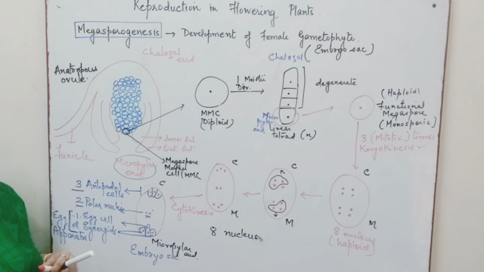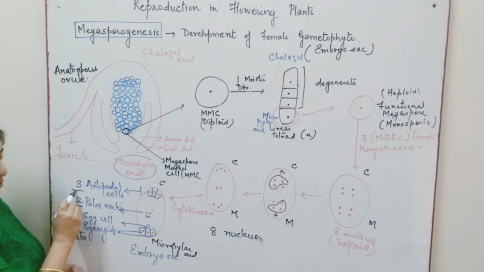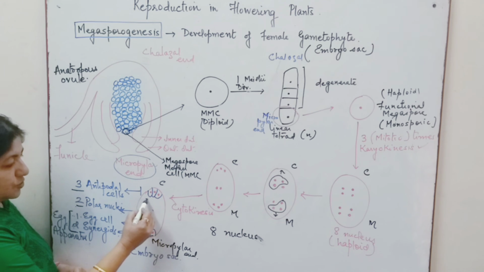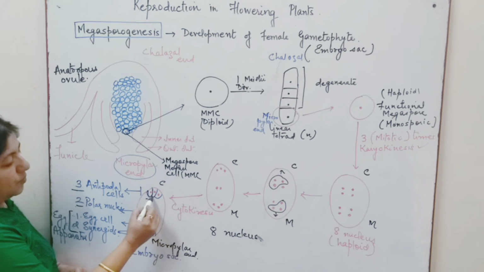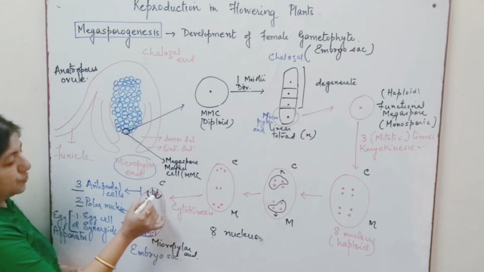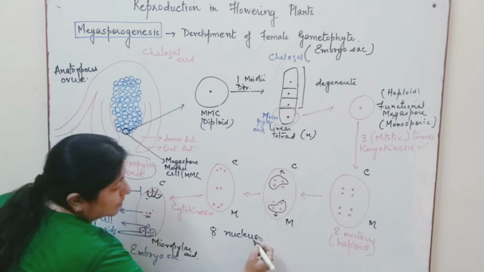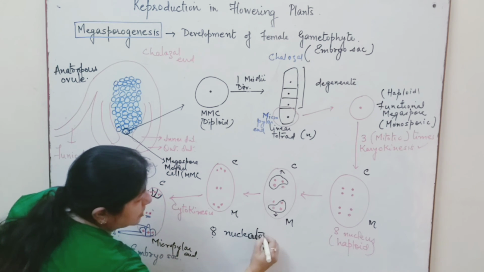Coming to the number of cells, the 3 antipodal cells are present over here. Due to the formation of the cell wall, we call them cells. Here we are counting the nuclei only: 1, 2, 3, 4, 5, 6, 7, 8. We write 8-nucleate.